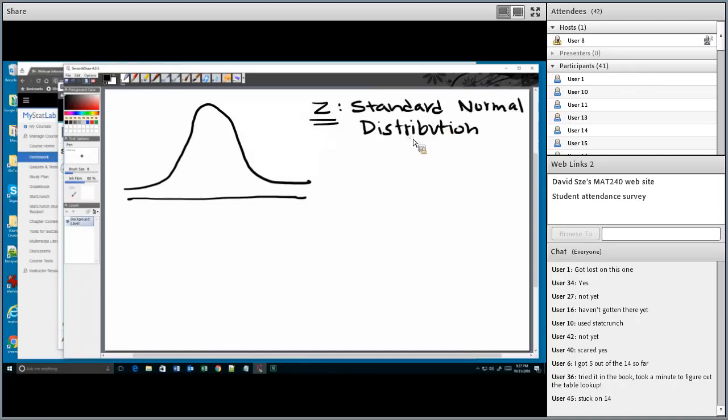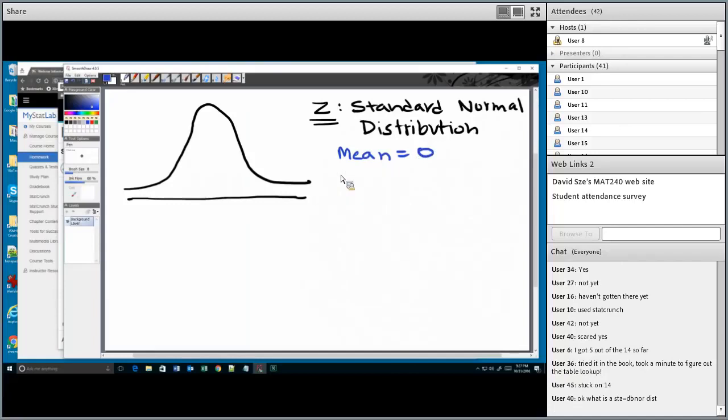Your question to me should be, what is a standard normal distribution? Very simple, very easy, but you do have to memorize it. Standard normal distribution is something that has a mean of 0 and a standard deviation of 1.